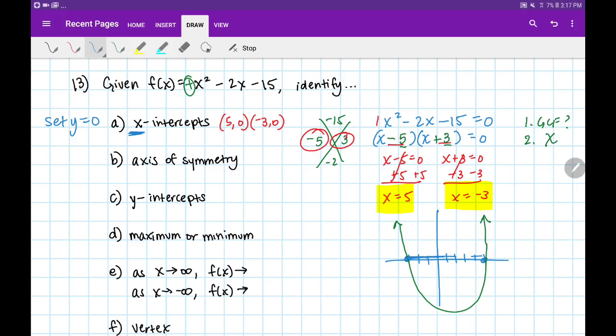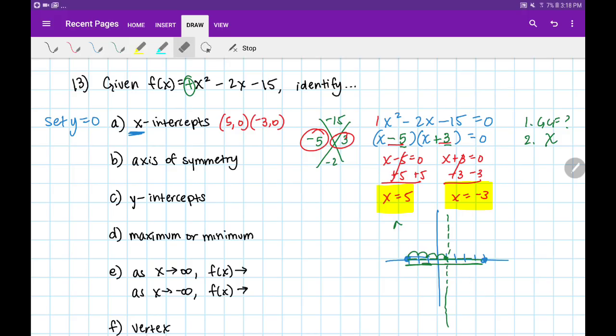So if I have, let me count this out. 1, 2, 3, 4, 5, 6, 7, 8, right? There's a distance of 8 between these two. Then my axis of symmetry is going to be right in the middle. So I'll have to count 4 in each direction. So 1, 2, 3, 4 takes me right here. This is where my axis of symmetry would be.